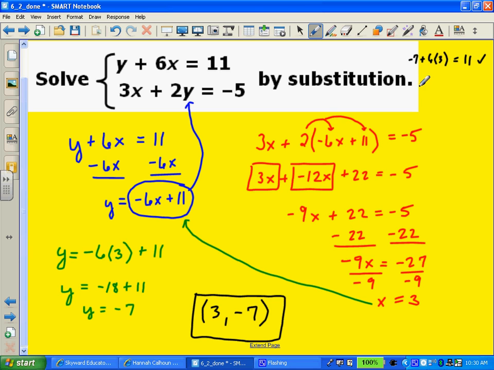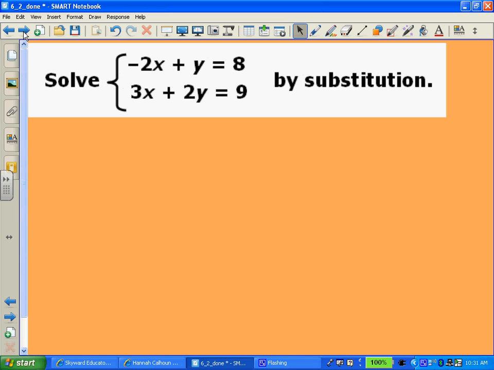And that's negative 7 plus 18, so that works. And then I'd have 3 times 3 plus 2 times negative 7 equals negative 5, so that's 9 plus negative 14 equals negative 5, and that also works. So my answer would be 3, negative 7.